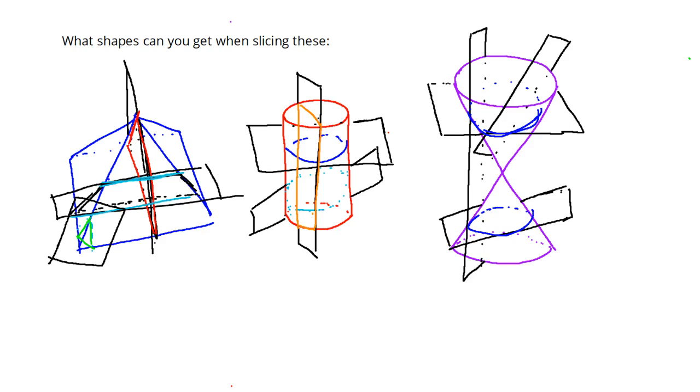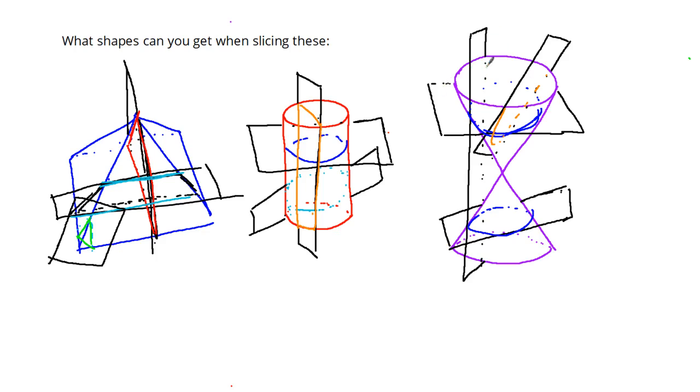A parabola, you can get a parabola. So that's pretty interesting, right? Okay, that's a really ugly parabola. Parabola like this, right? There you go. That's a parabola. This whole episode is just gonna be me drawing.